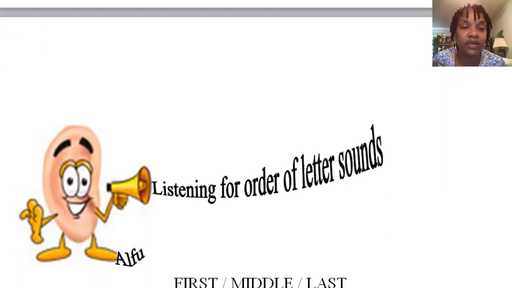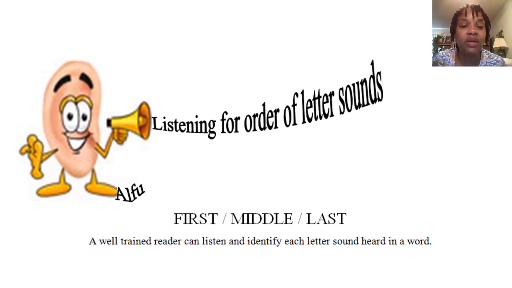All right. Now, moving right along. This guy here on the screen is Alpha, Alpha Ear to be exact. He's gonna pop up in most of your homework packet pages and throughout the rest of this lesson.